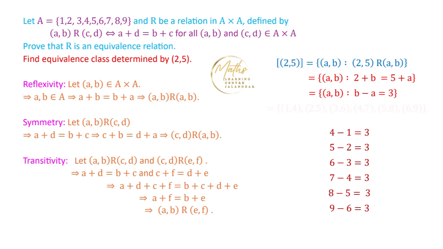We have (1, 4), (2, 5), (3, 6), (4, 7), (5, 8) and (6, 9). These are the elements which are related to the element (2, 5). So the equivalence class of the element (2, 5) consists of these elements.